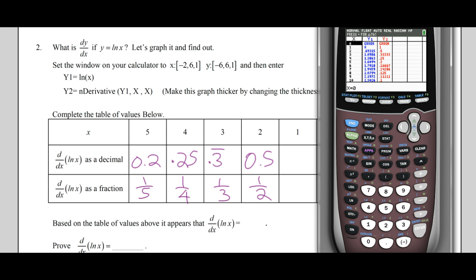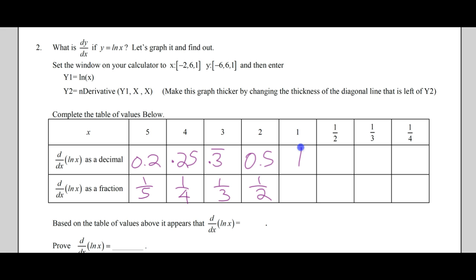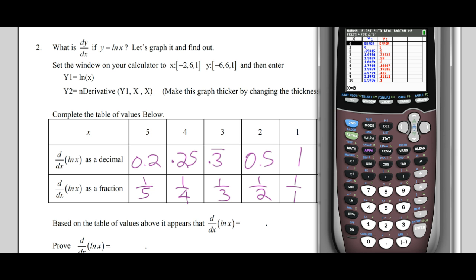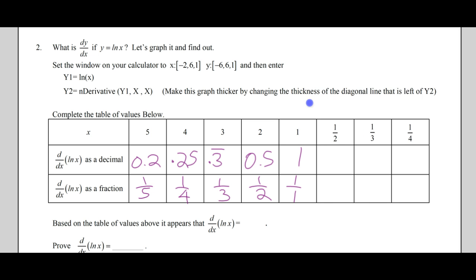When x is 1, we've got 1. What's 1 as a fraction? Well, just leave it. When x is a half, I don't have that in my table. So second table set, start at -1, go by halves. Second table. So when it's a half, we've got 2.